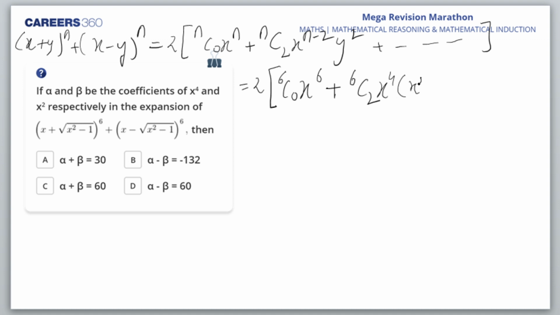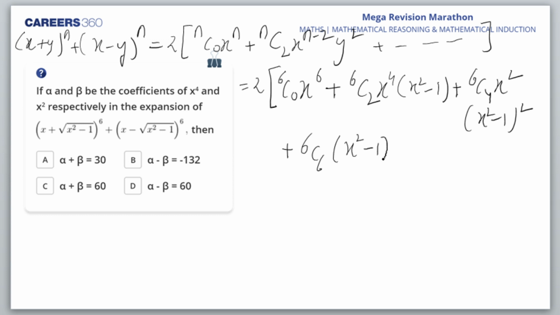So the under root sign would vanish. This term I'll have. Then I'll have 6c4 x square into x square minus 1 whole square. Am I right? Then the last one would be 6c6 x power would vanish. And here I'll have x square minus 1 under root whole raised to power 6, that is x square minus 1 whole cube. Am I right?